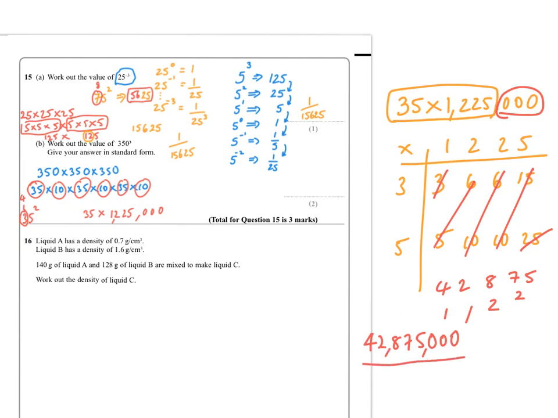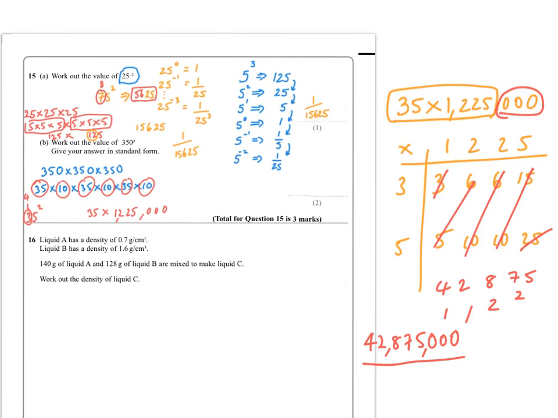Now, coming back to both parts of the question, A and B now, if you did part A with the calculator, then you would have an answer on the calculator here of 0.0000064.